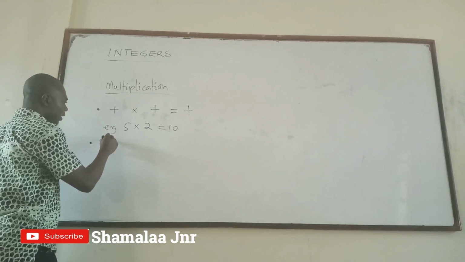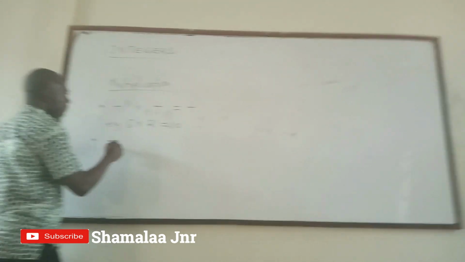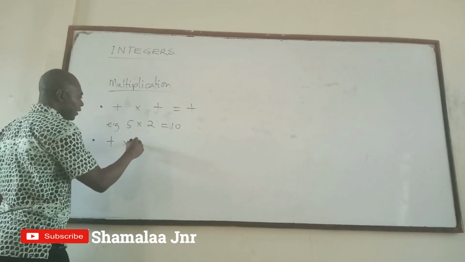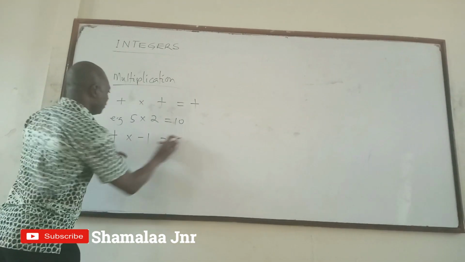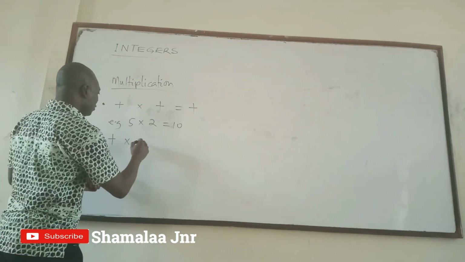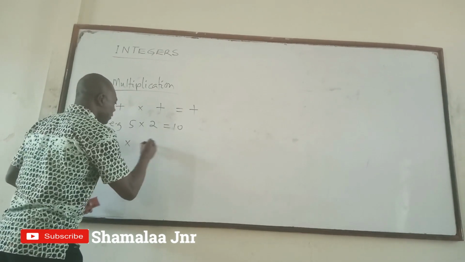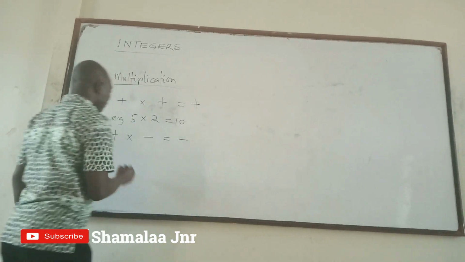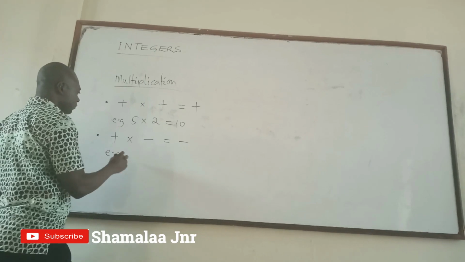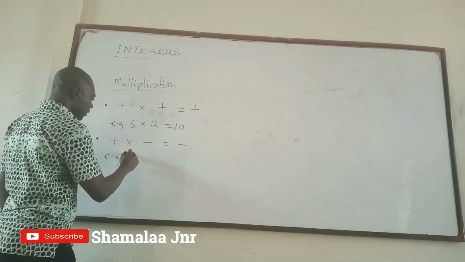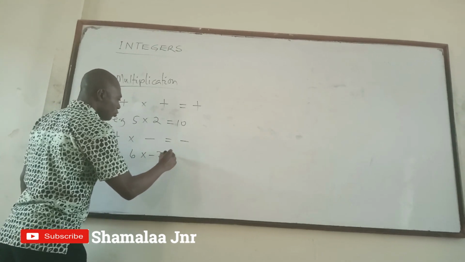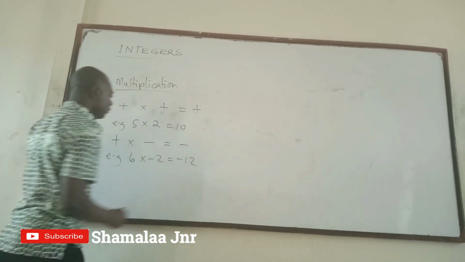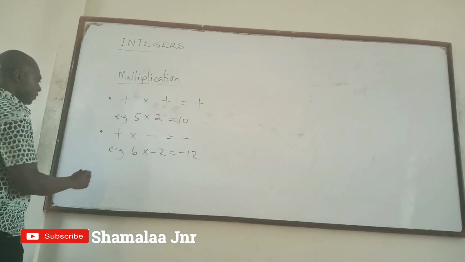Now let's move on to this one. When you have a positive number being multiplied by a negative number, the answer is negative. Example, we have 6 times negative 2, the answer is negative 12, isn't it?